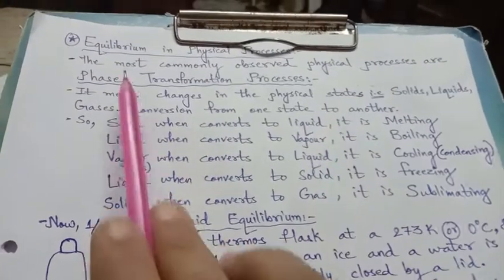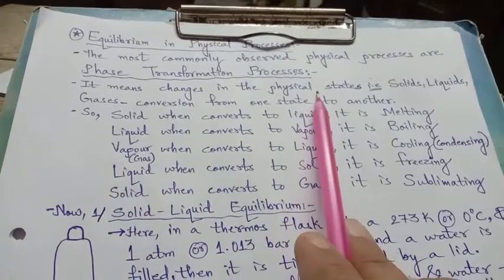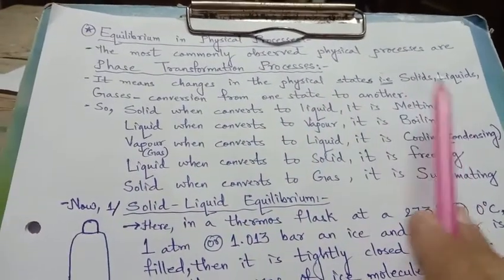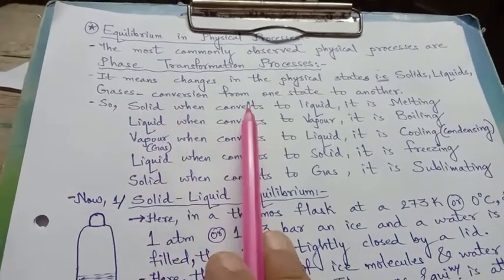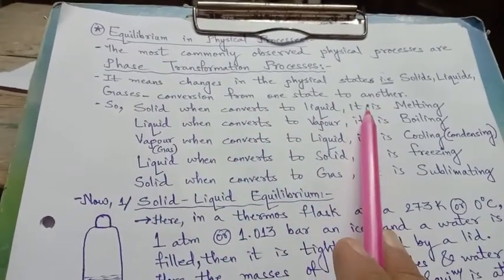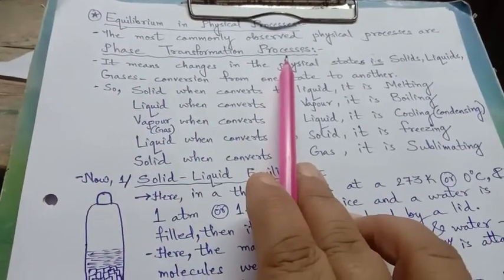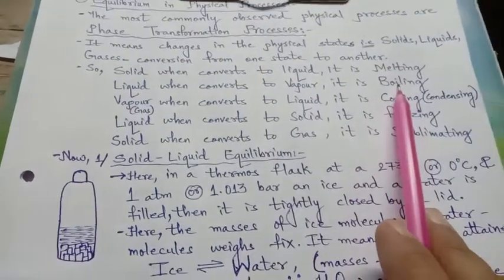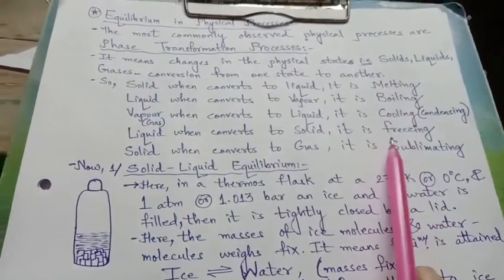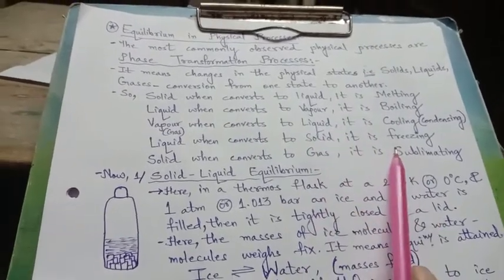Physical states are solid, liquid and gas. The conversion of these states from one to another is termed as phase transformation processes. These processes are different, like melting, boiling, cooling, freezing, sublimating, right?